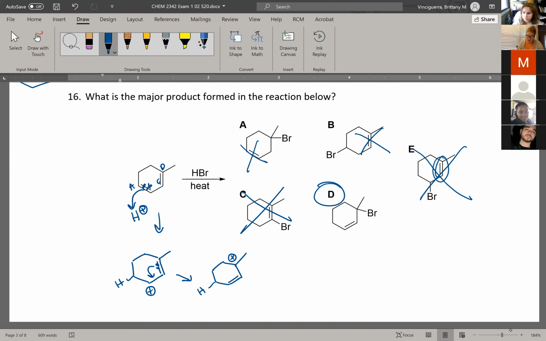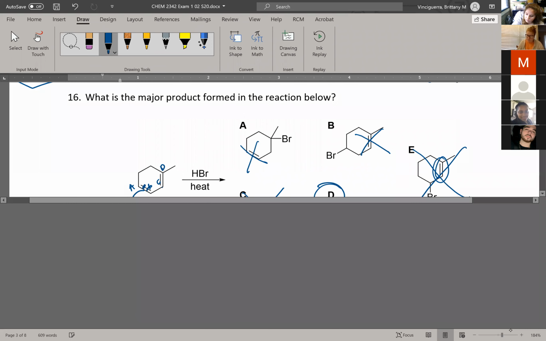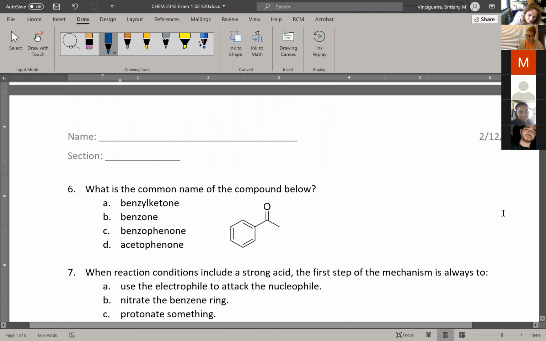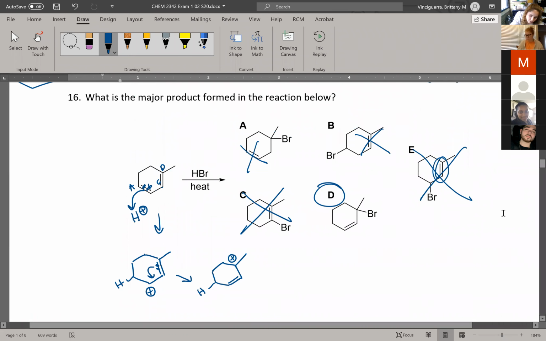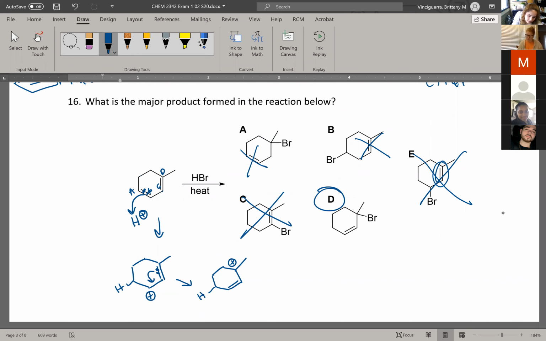So just making sure I understand you right, the hydrogen does go to the least substituted? Yes, the hydrogen should go to the least substituted because you want the most substituted carbocation. The reason that we're not going to put the proton on carbon C and put the carbocation on D is because that would not be following the 1,4 addition.